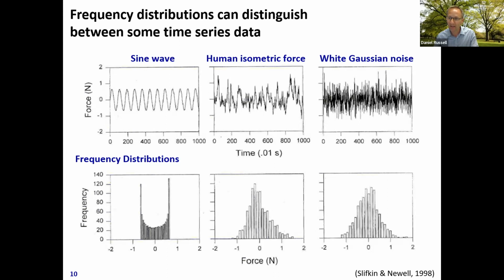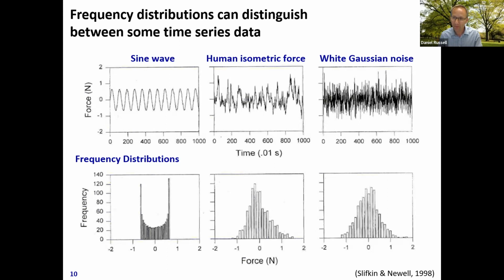And then the top right is a created random white Gaussian noise time series. So only the middle one is actual real data. If we do frequency distributions there, we can see that we can tease out the sine wave is different than the other 2, but the other 2 approximate normal distributions. So that's the first thing we can look at.